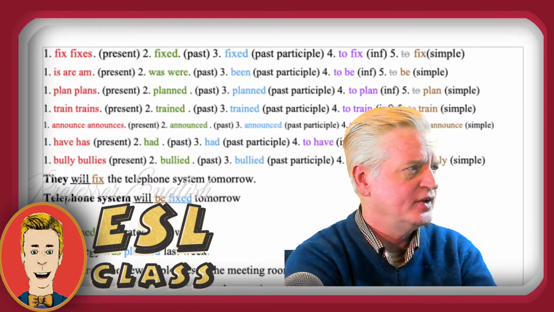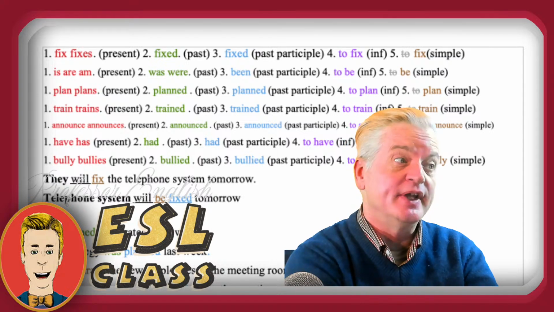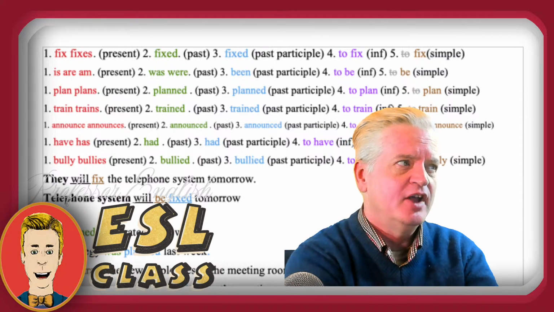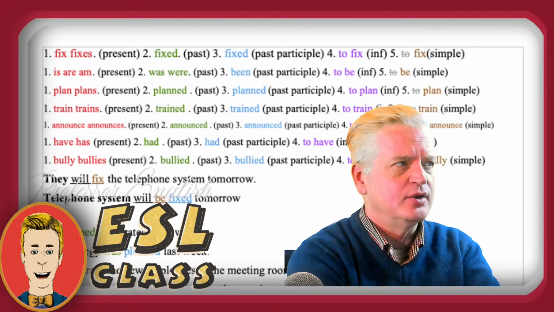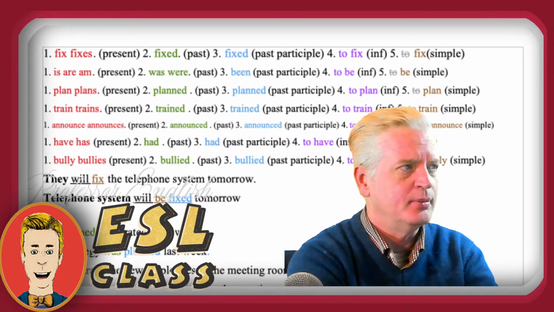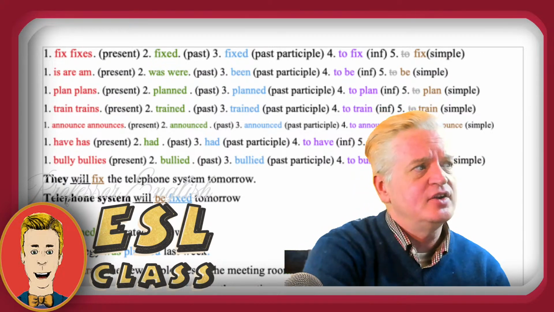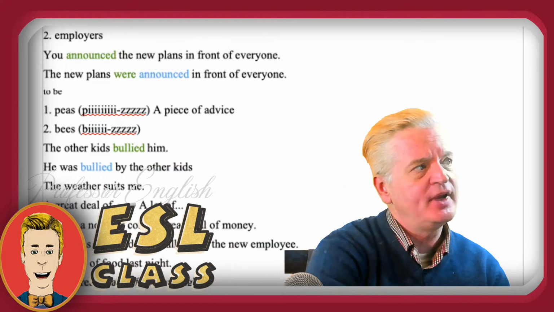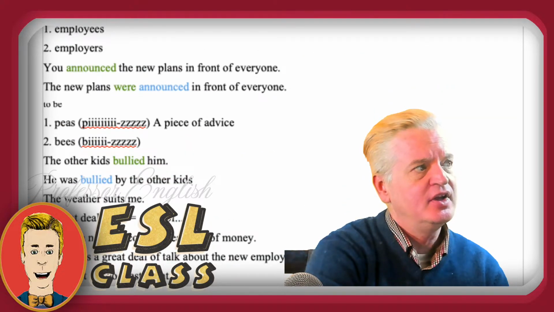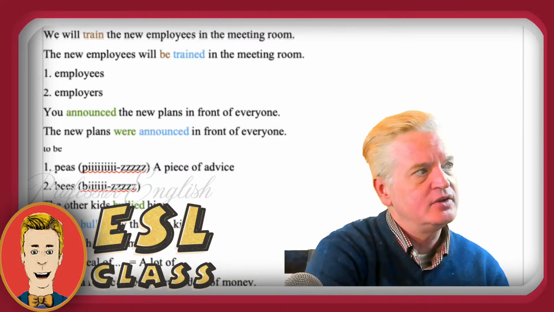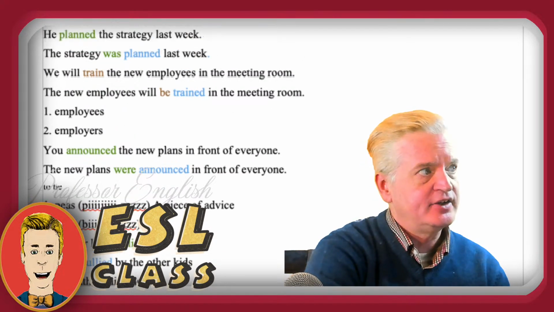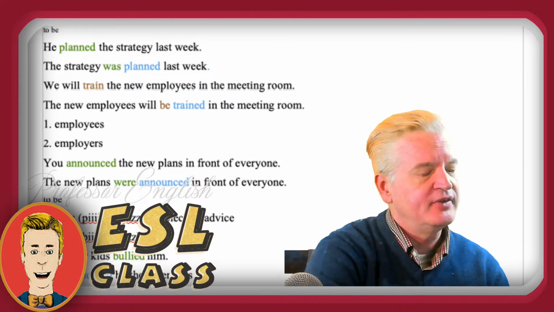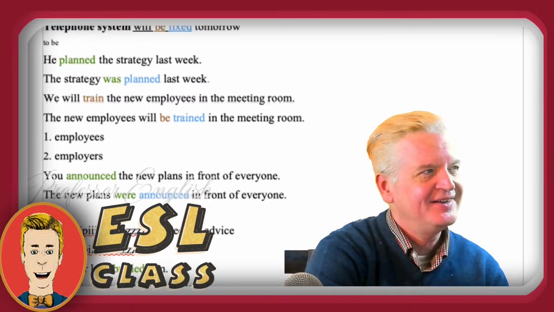Is it blue or is it green? Oh, it's green. It has to be green. If it were blue, it would have other things too, because blue is not a verb alone. So we have green, planned. But what happens if you want to make a passive voice sentence?